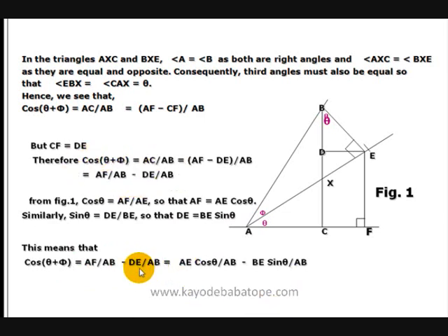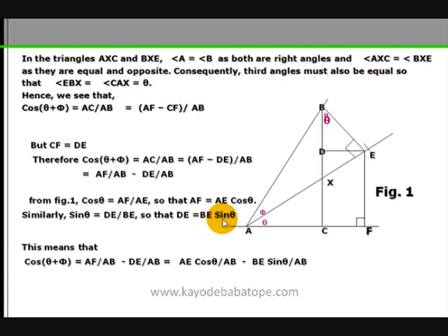Now, you can re-express it, because you have found out that AF equals AE cos theta. So, you can replace AF in this expression with AE cos theta. So, instead of AF over AB, you now have AE cos theta over AB. Also, DE over AB can be expressed as BE sin theta over AB, because you have seen from this expression that DE is equivalent to BE sin theta.